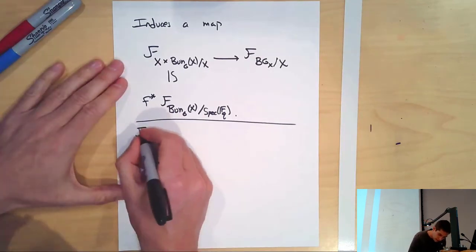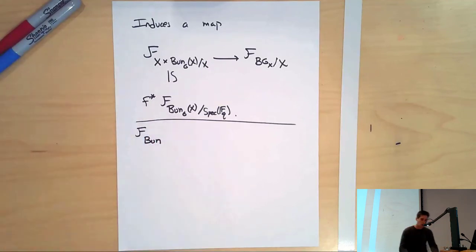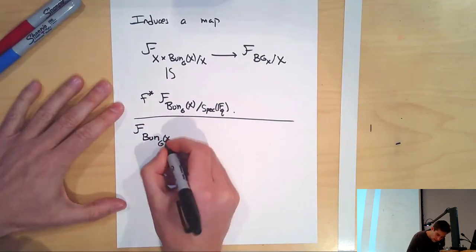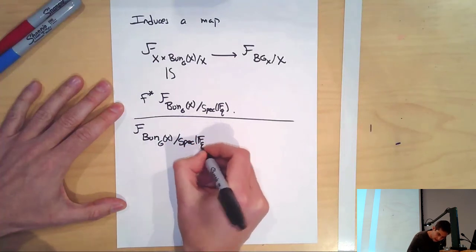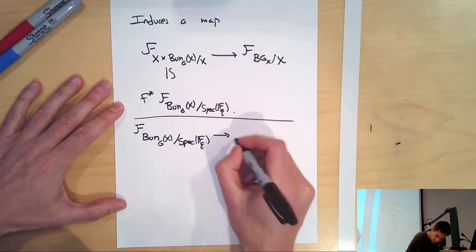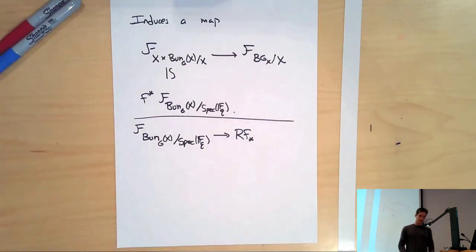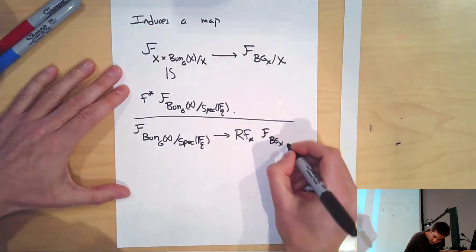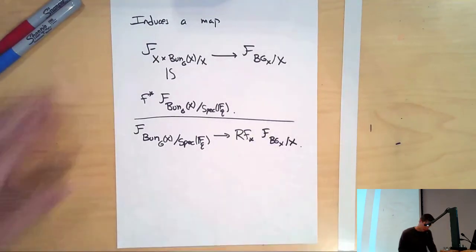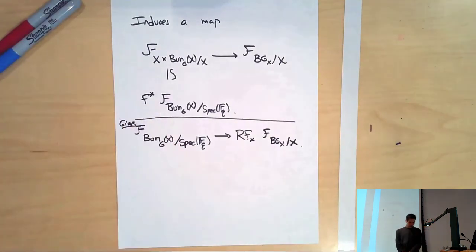So this is the same thing as giving a map, now in the world of sheaves on Spec F_q, from the one that I'm going to associate to Bun_G,X to, well, I'm pushing forward in the derived category, so I'll write that as Rf_* of F_{BG_x} relative to X.